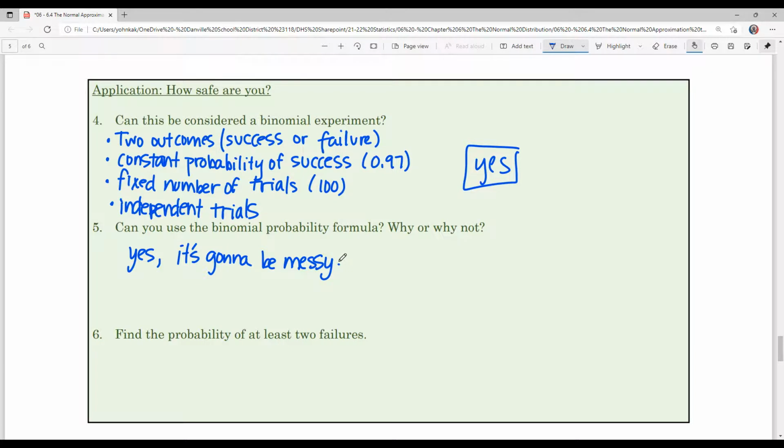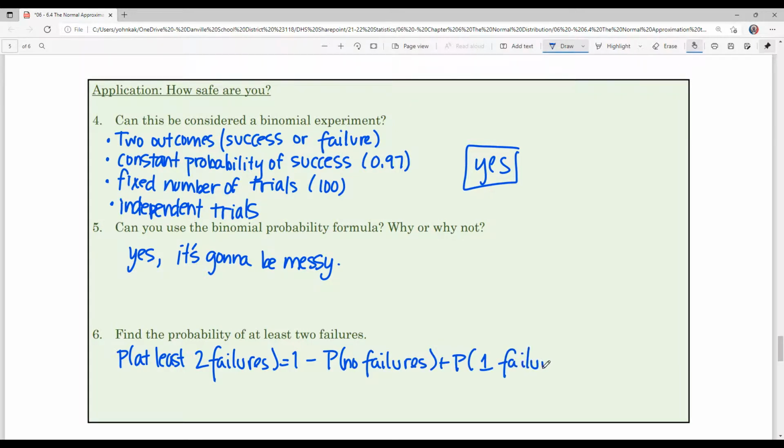Number 6, find the probability of at least 2 failures. So the probability of at least 2 failures is going to be 1 minus the probability of no failures plus the probability of 1 failure. And this is going to be all in a square bracket. So if I want the probability of no failures, that's going to be 0.97 to the 100.